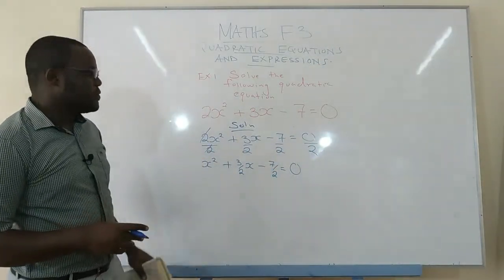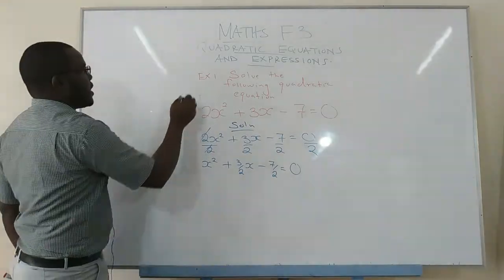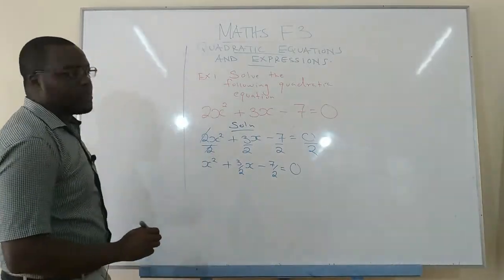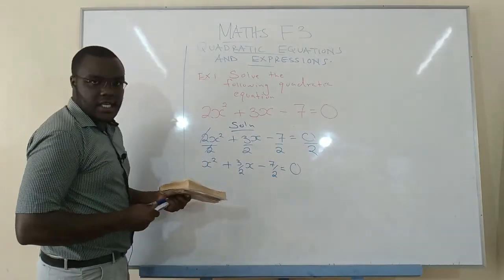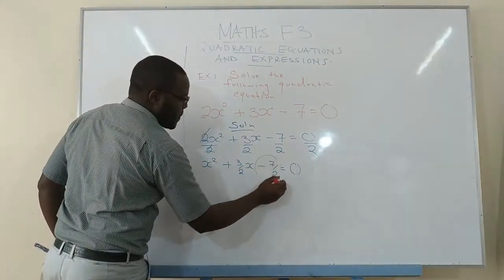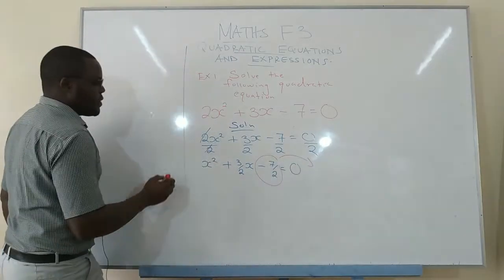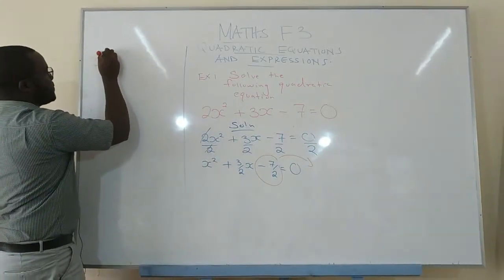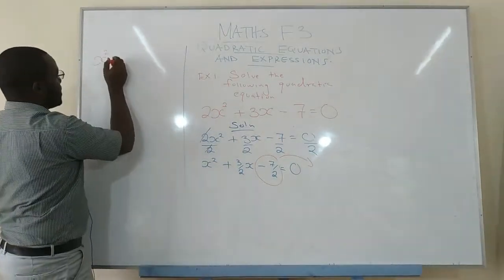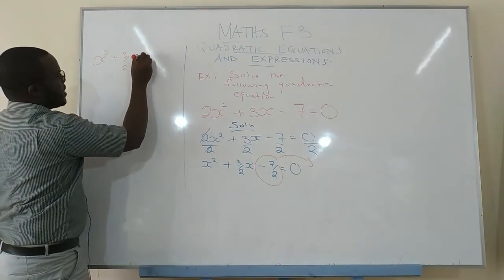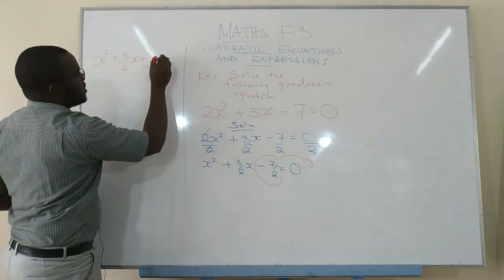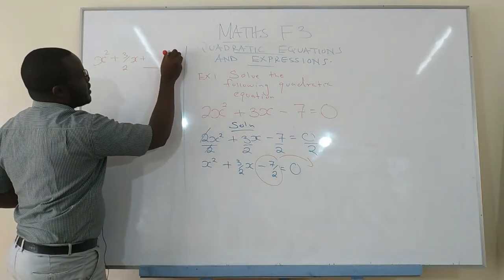At this level, I can continue with my formula known as completing the square, where we normally take this c, remove it from here, and take it to the other side. So now we have x squared plus 3 over 2 x, there will be no c, is equal to 7 over 2.